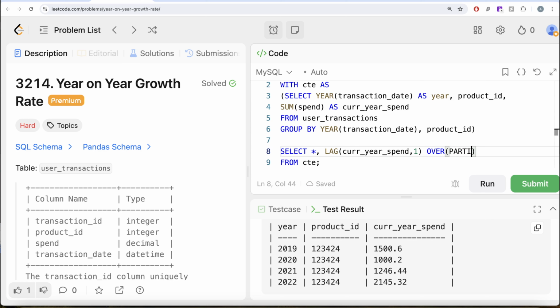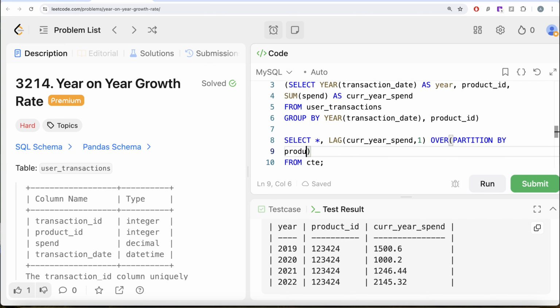and then you want it for every product ID, right? So partition by the product ID, and your year should be ordered in ascending order. Then only you can say that, okay, before 2020, 2019 comes, and what is the spend in that particular year.